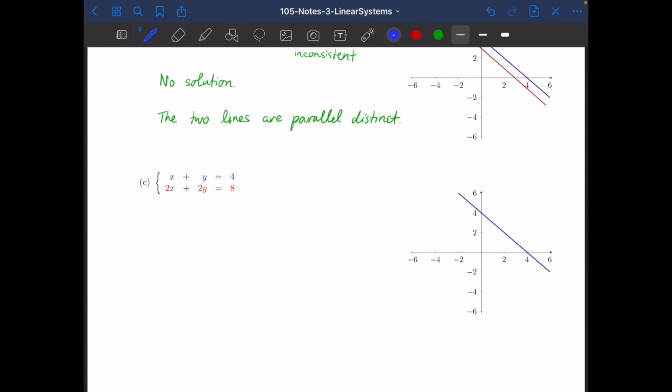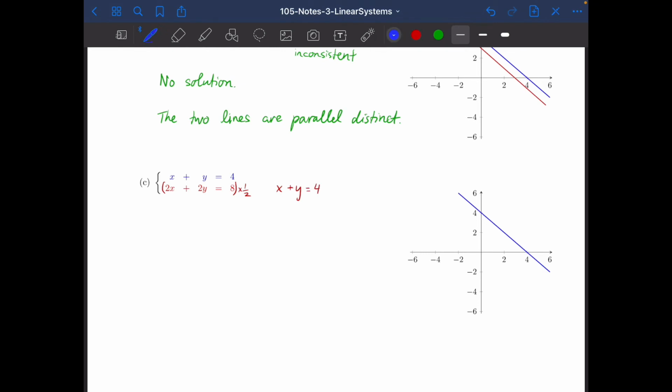In part C, we have a third system. The first equation is still x plus y equals 4. The second is 2x plus 2y equals 8. Again, we'll multiply the second equation by 1/2. We then obtain a new system of linear equations. The second equation is now x plus y equals 4.